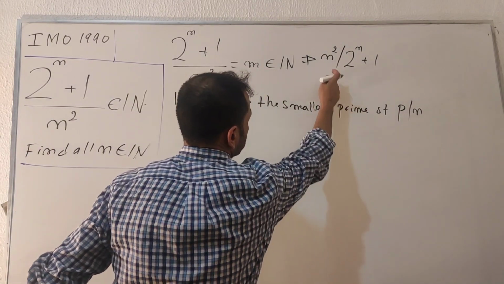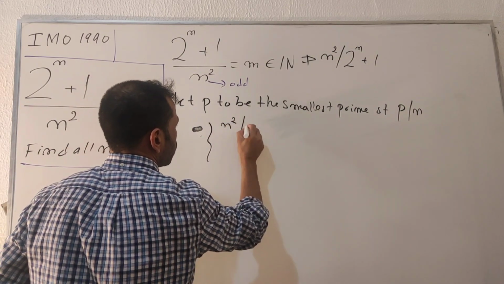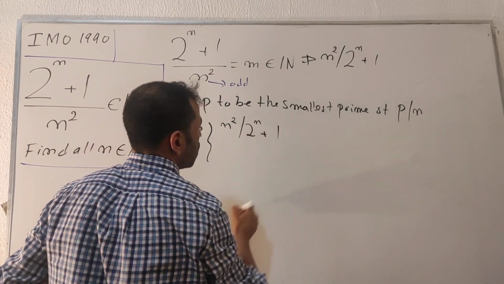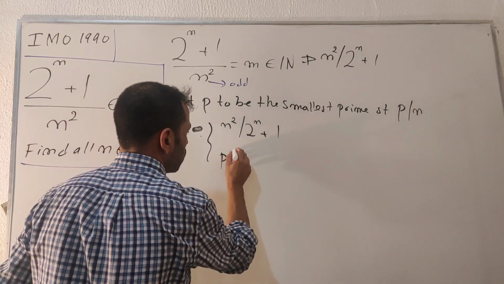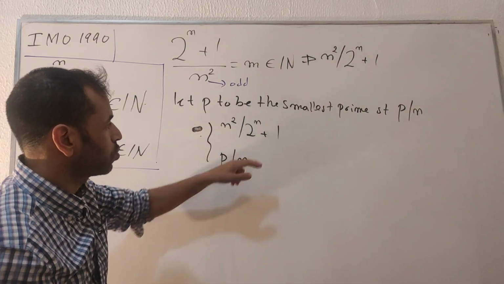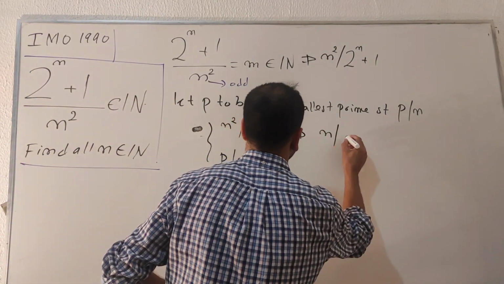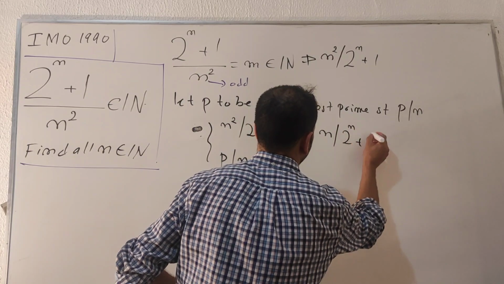I'm going to use these two properties. We have two things: n squared divides 2 to the n plus number 1, and also p divides n. Since n squared divides 2 to the n plus number 1, this is telling us n divides 2 to the n plus number 1.